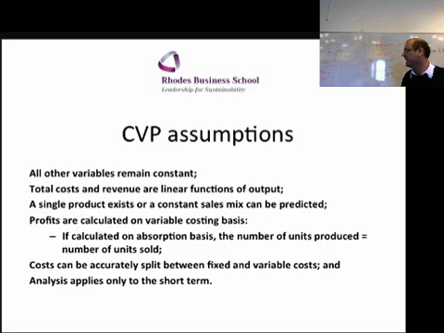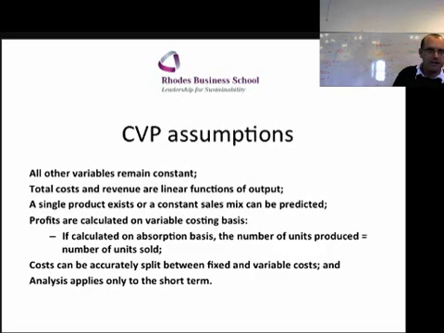Another is that a single product exists or a constant sales mix can be predicted. Those we've dealt with. Others we dealt with indirectly: total costs and revenue are linear functions of output, i.e. we're assuming the accountant's model holds, not the economist's model. How do we make that assumption more valid? By working within a relevant range over which we can expect this assumption to remain true.